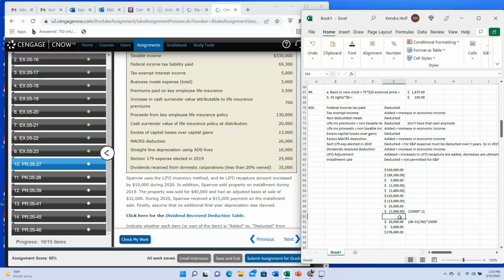Dividends received deduction was 17,500. All right, and that was still not right. That is the 35,000 times 50%, because that's the dividends received deduction.